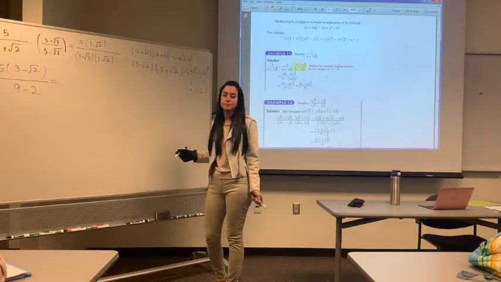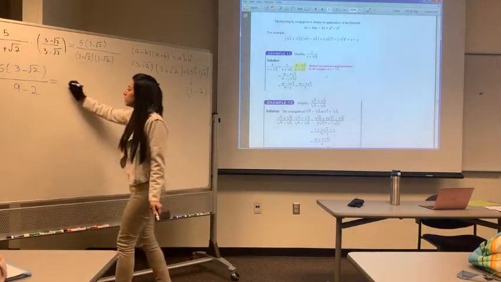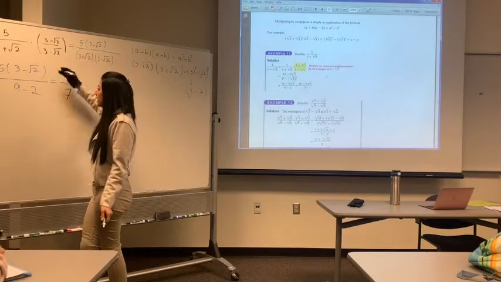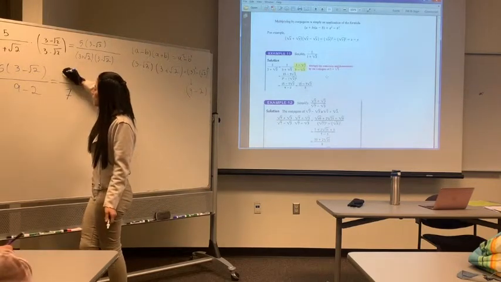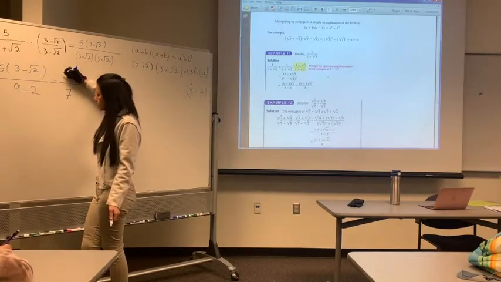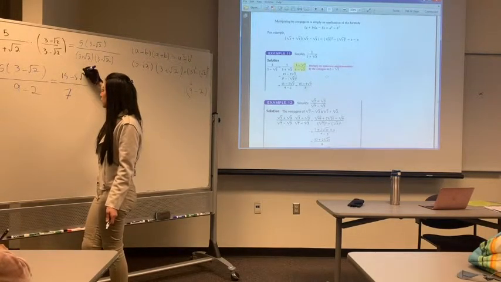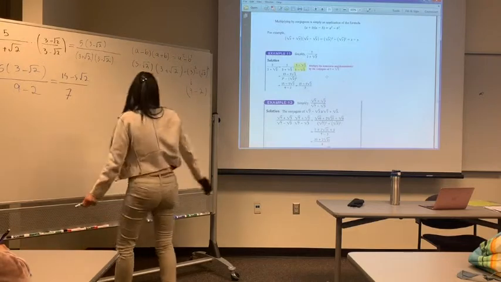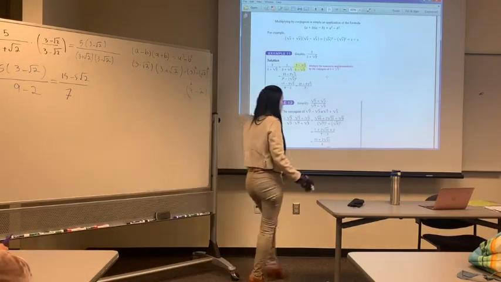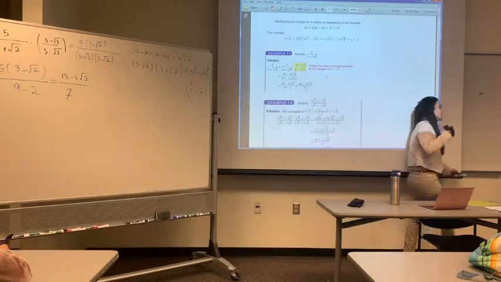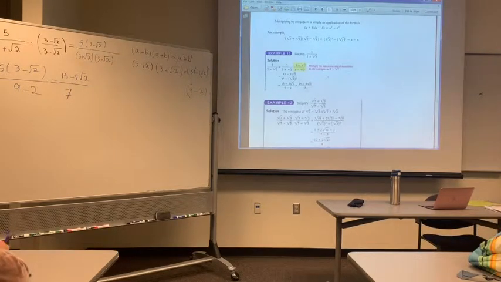Correct? So 9 minus 2 is 7, and then let's multiply this 5 by all the terms inside the parenthesis. So we will have 15 minus 5 radical 2. At some point we can simplify the numerator and denominator, but here we cannot.